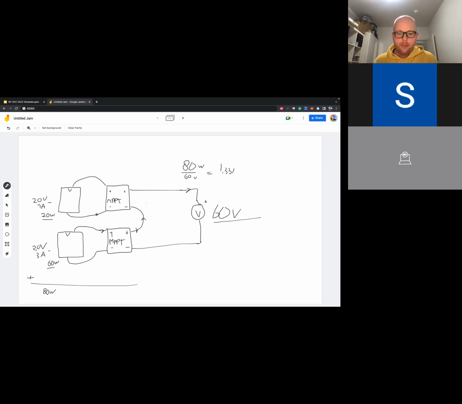Now you know the output current of each MPPT as well, because they're all placed in series, so they're all 1.33. Now the output voltage of this top MPPT becomes 20 watts divided by 1.33, if everything would work well and be on its optimum. 20 divided by 1.33 is 15 volts.